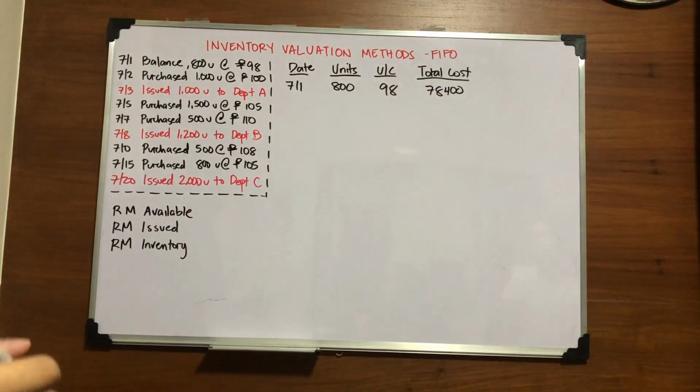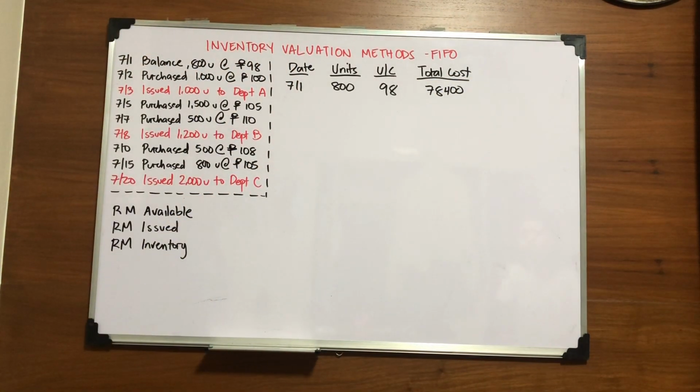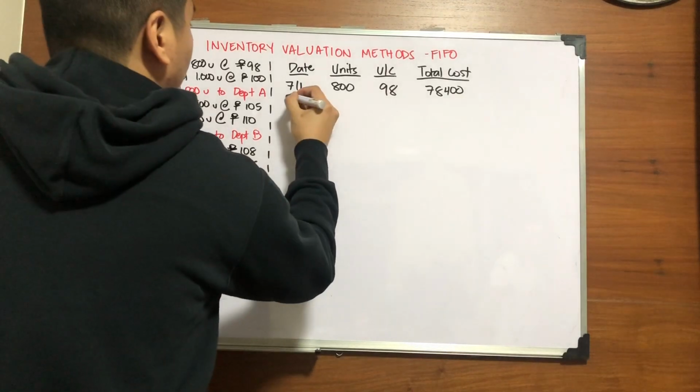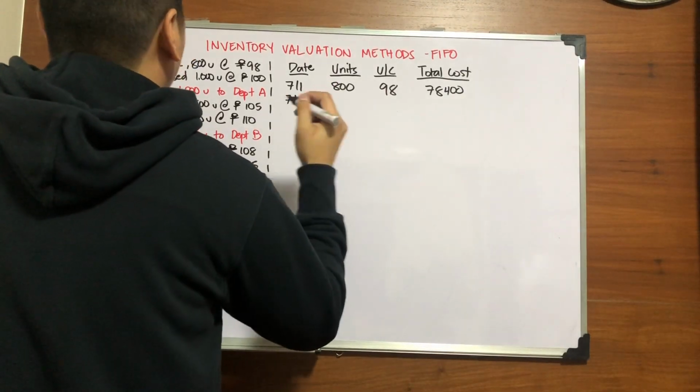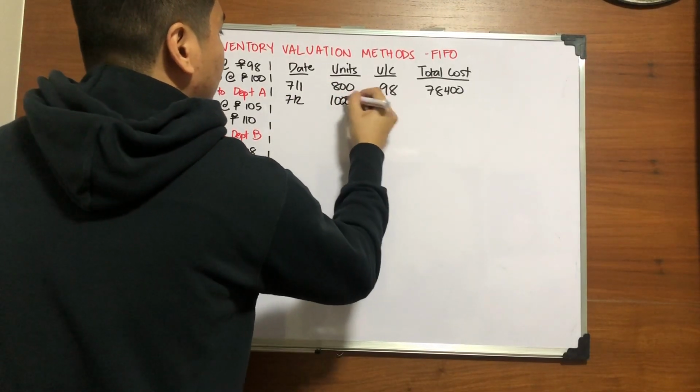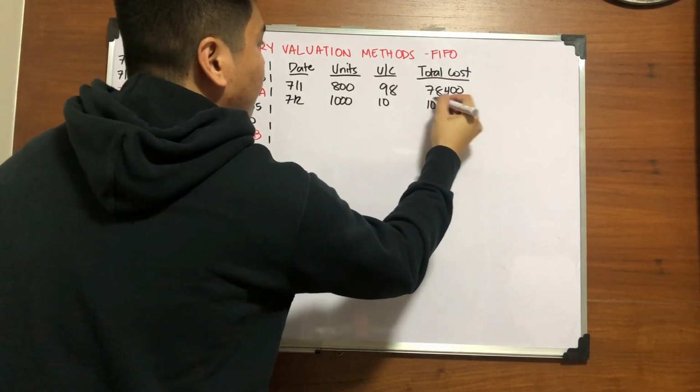So your next transaction is a purchase of 1,000 units at 100 pesos each. So that would give you a total cost of 100,000 pesos. So July 2, you have 1,000 units at 100.